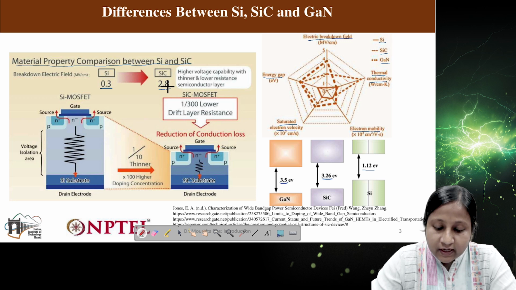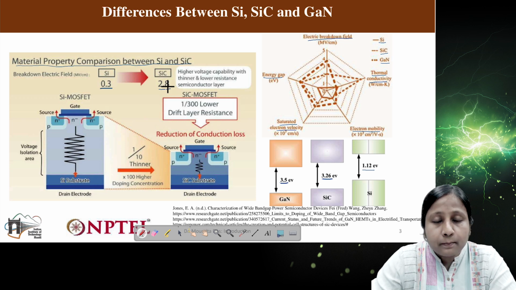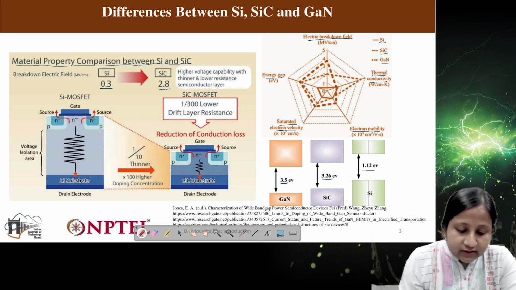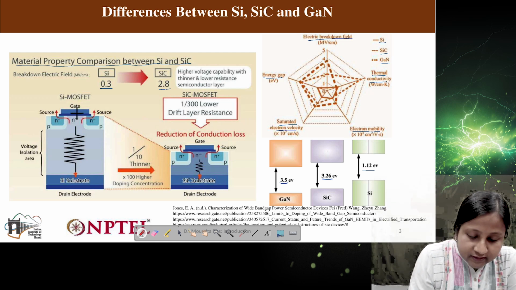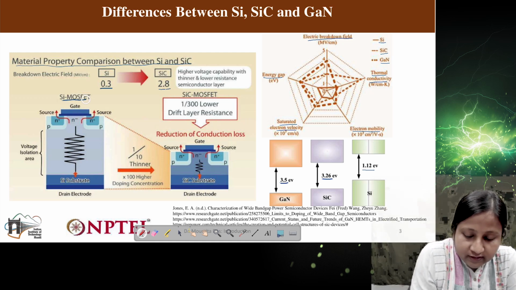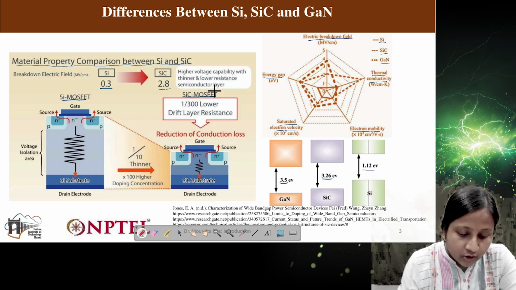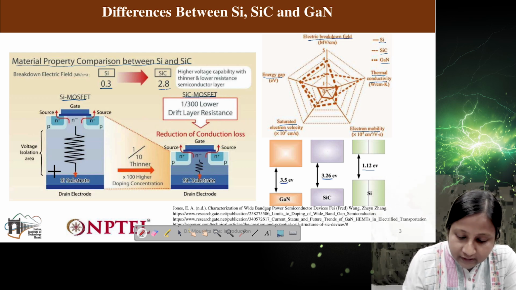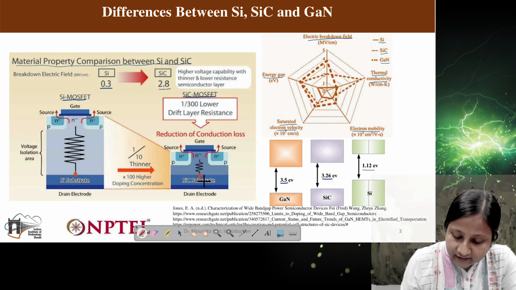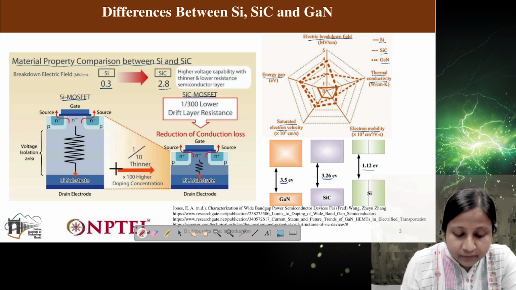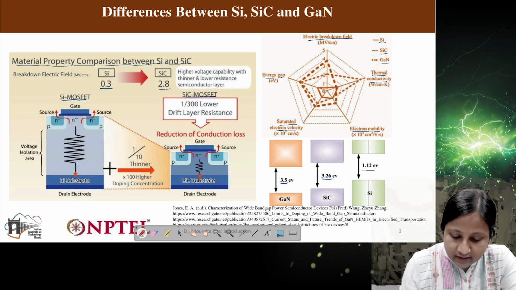So silicon carbide is going to have higher voltage capability, and it will be much thinner than the silicon device. You can see the silicon MOSFET structure compared with the silicon carbide MOSFET structure, where the silicon carbide structure is about 1/10 that of the silicon structure.